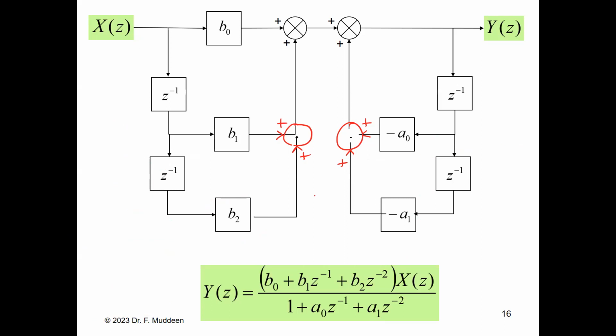If you watch it again, the first input comes in, is multiplied by B0, and it goes and you get the output straight off. That output is stored. That input is stored. The next input comes in, is multiplied by B0.